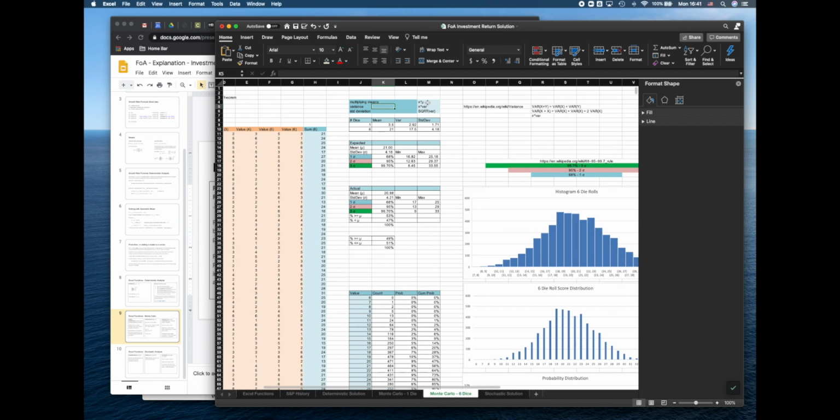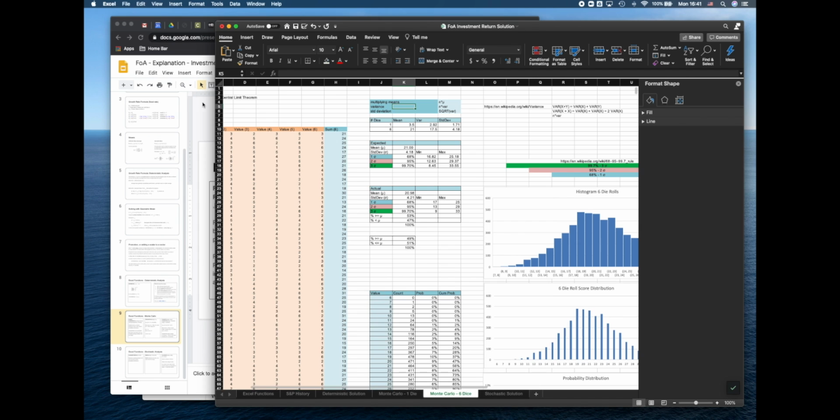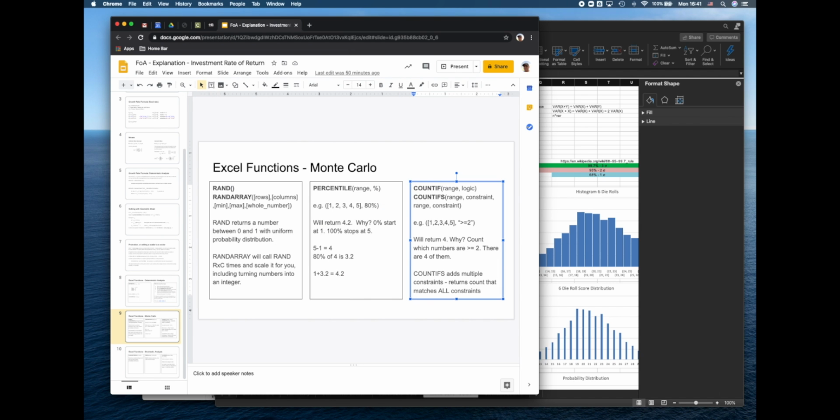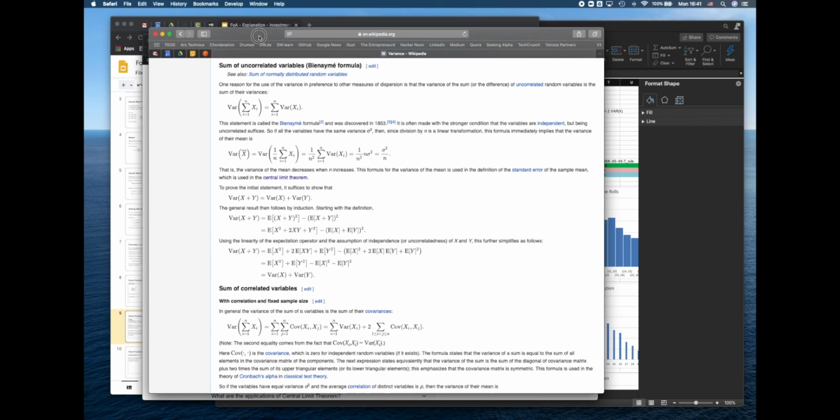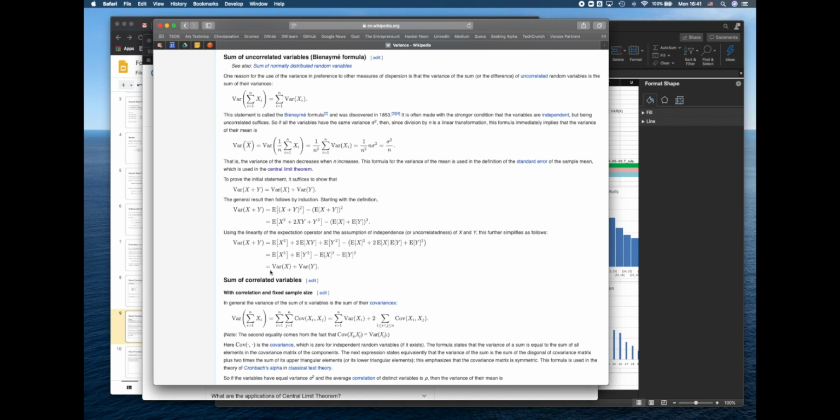So means are additive, and so is variance. And that is something you can look at over here. Here's a function that I looked up on Wikipedia, variance. And without doing all the math, you can see here, somebody else already told me that the variance of X plus Y is equal to the variance of X plus the variance of Y.